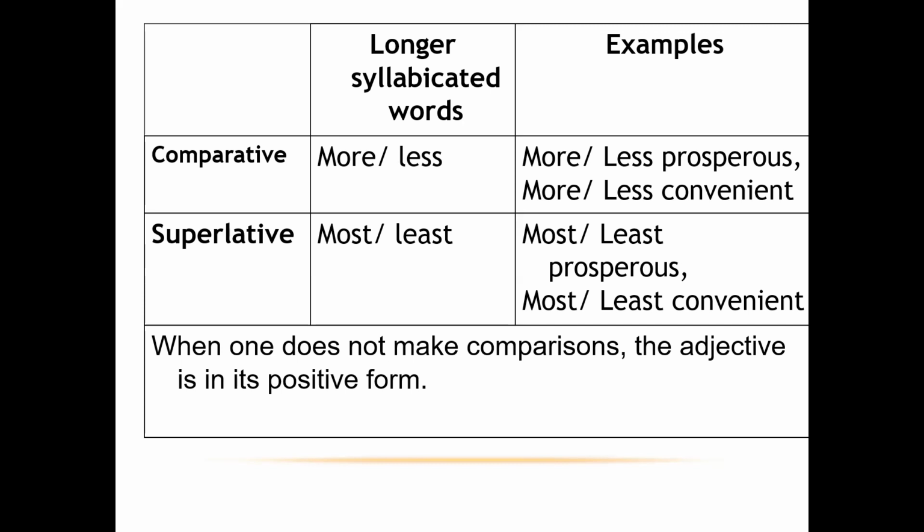Alright. And then, these gray sweatpants are the most convenient ones in my closet. Meaning, sa lahat ng pants na meron ako sa closet ko, yung sweatpants ko ang pinaka-convenient to wear. Okay? You understand? When one does not make comparisons, the adjective is in positive form.